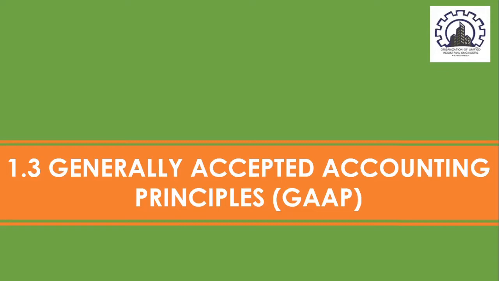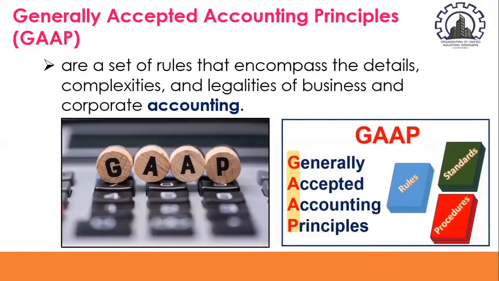And these underlying accounting concepts or principles are known as generally accepted accounting principles, or GAAP. So if we say GAAP, these are a set of rules that encompass the details, complexities, and legalities of business and corporate accounting.